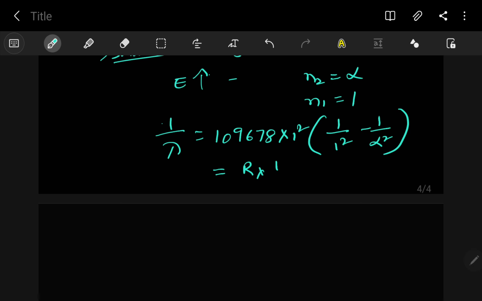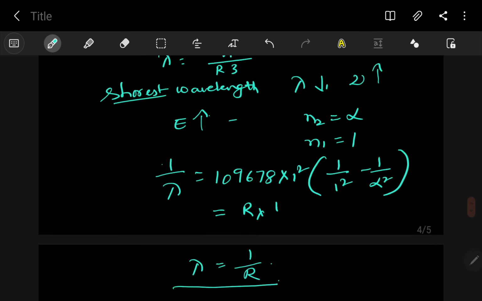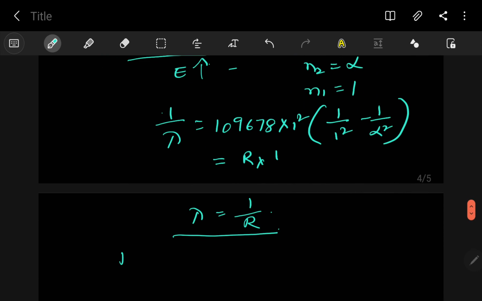So 1 by 1 square minus 1 by infinity square, everything is 1. So lambda equal to 1 by R. This is the shortest wavelength.